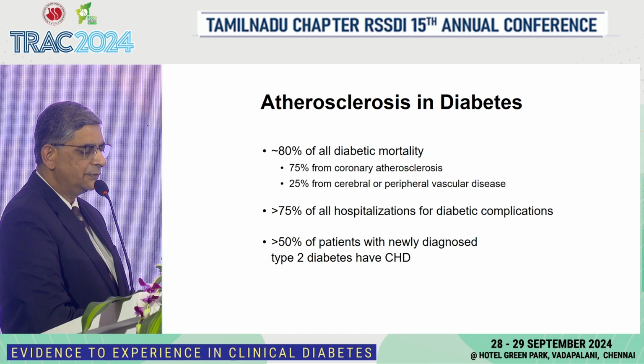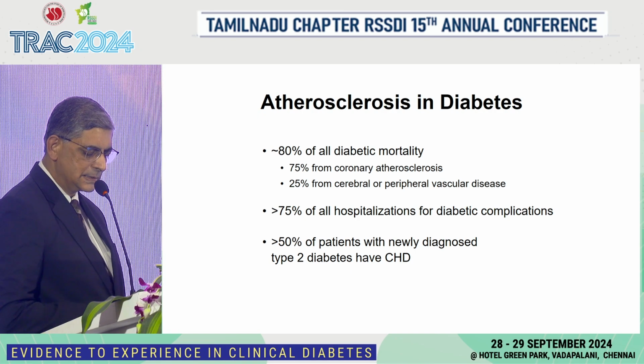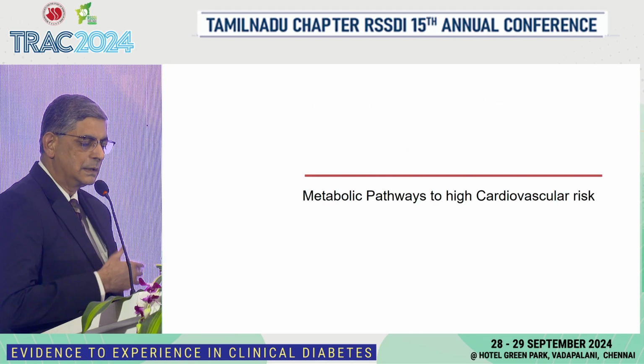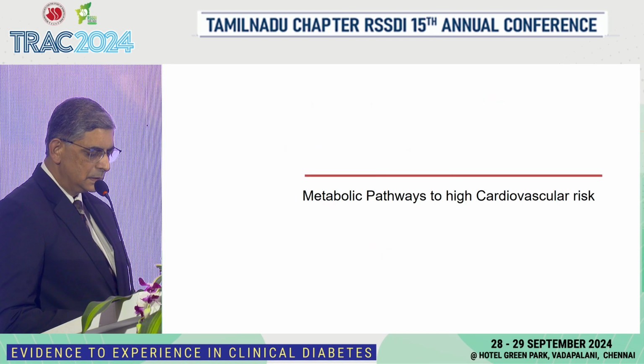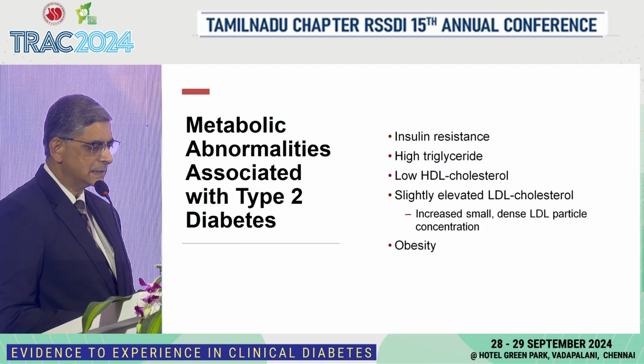And more than 75% of all hospitalizations are for diabetic complications, of which almost 50% of the patients are newly diagnosed and have coronary heart disease. So patients may just come to you with coronary heart disease as an initial presentation, and patients may be discovered to have diabetes. Now, here's the substrate which really leads to high cardiovascular risk.